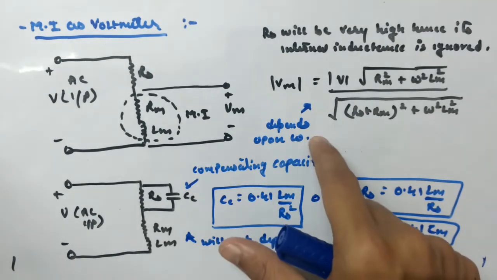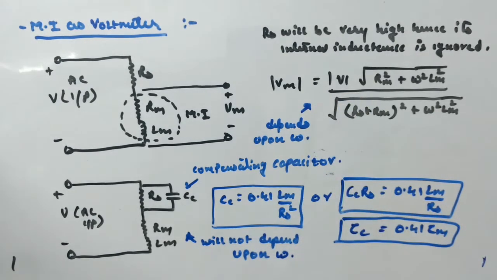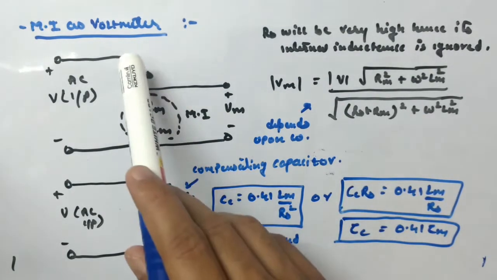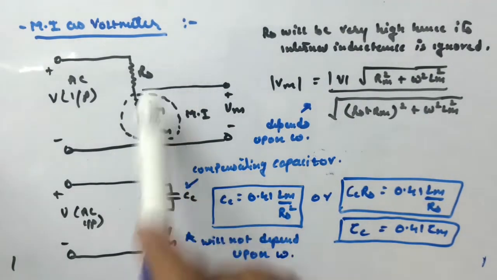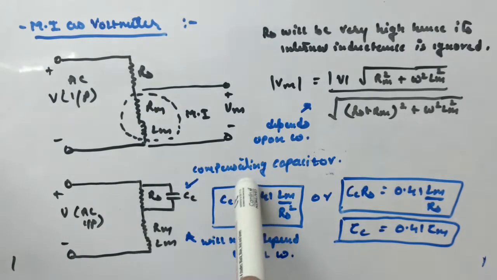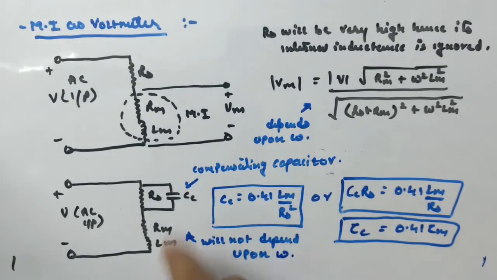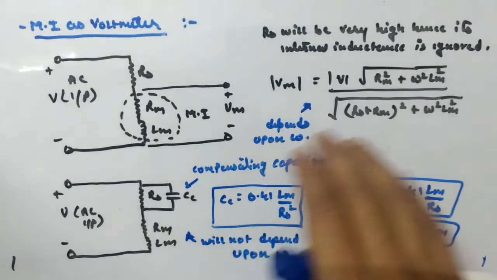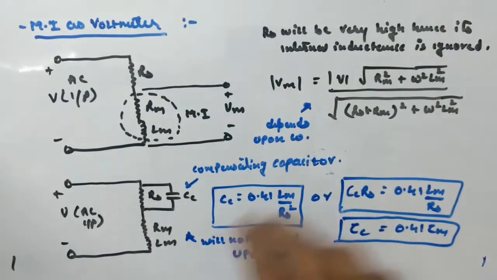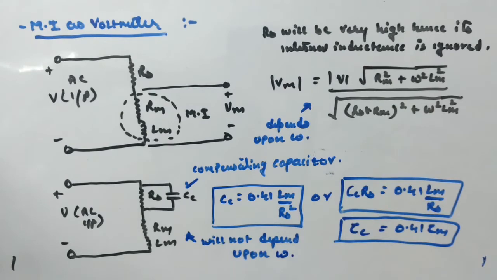It is dependent upon frequency, so it's a problem. That's why we include a capacitor in parallel with the Rs, which is called a compensating capacitor, which will compensate the effect of the inductor in series, so that you won't get a voltage across the moving iron dependent upon frequency.